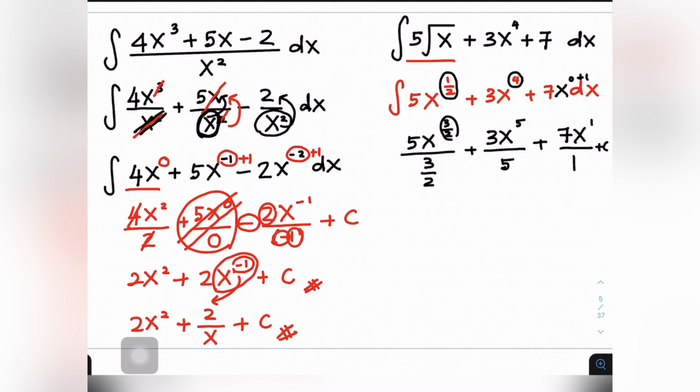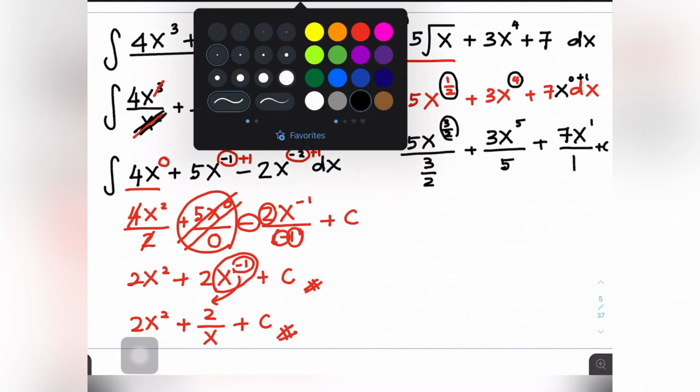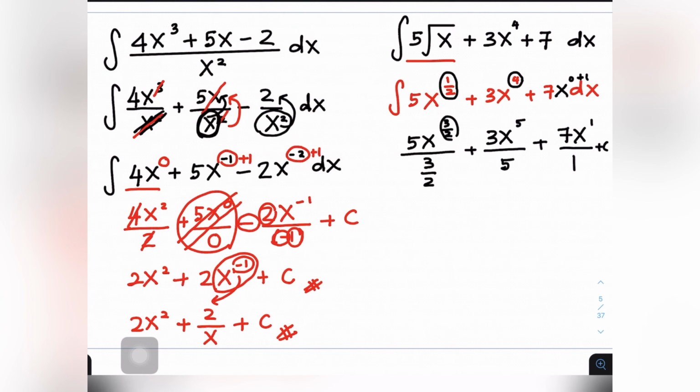Okay, now is the method of simplifying our equation. We have done with the process of integration actually. So now we just want to simplify our equation. Okay, so how can you simplify this one? You have 5 divided by 3 over 2. So when you have the number, the constant, divided by a fraction, you just need to change divide into multiply by, turn this one upside down. 3 over 2 becomes 2 over 3.